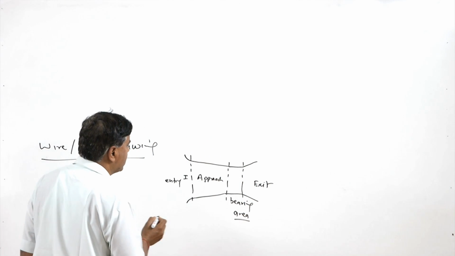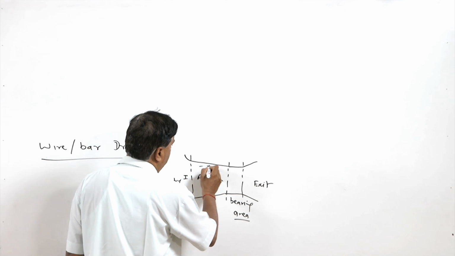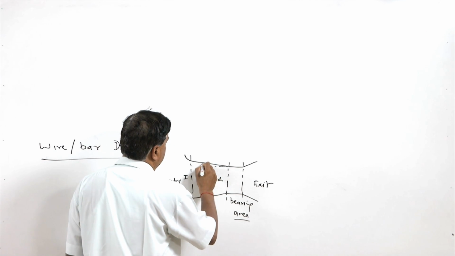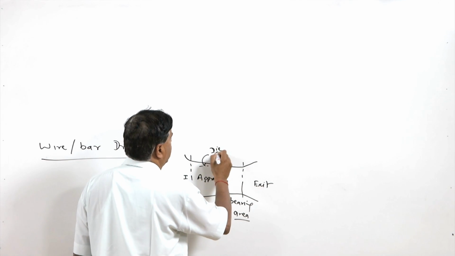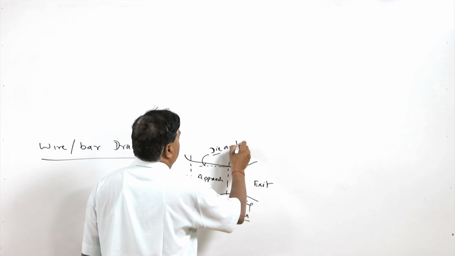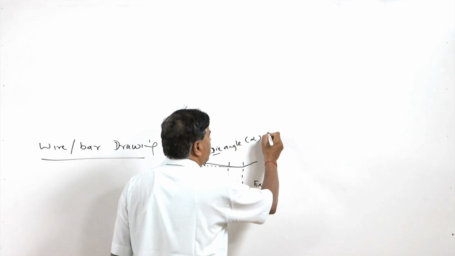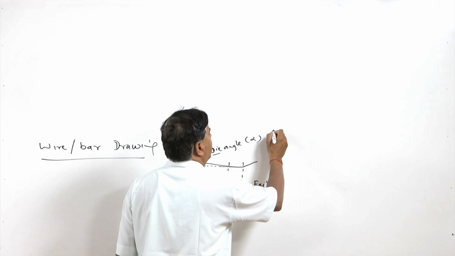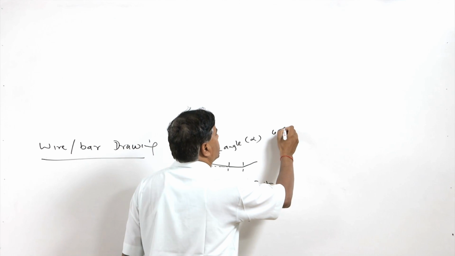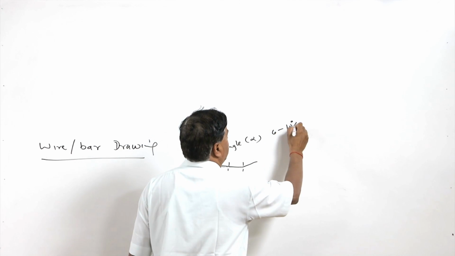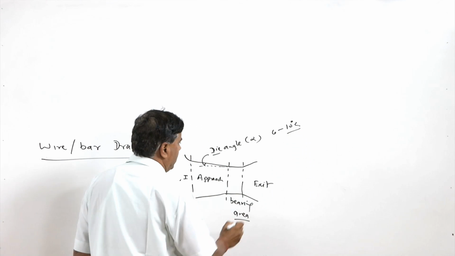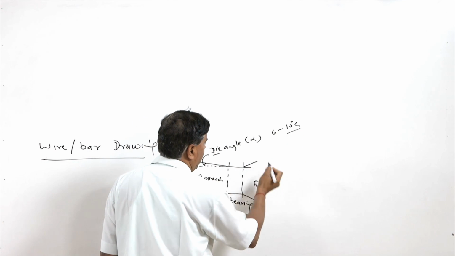and this is the exit zone. There are different angles; this is one angle which is called the die angle, normally represented by alpha, and its value mostly varies from 6 to 10 degrees, and here this is the exit.